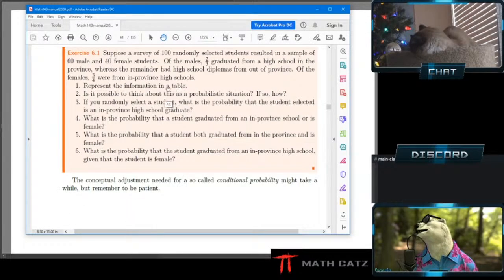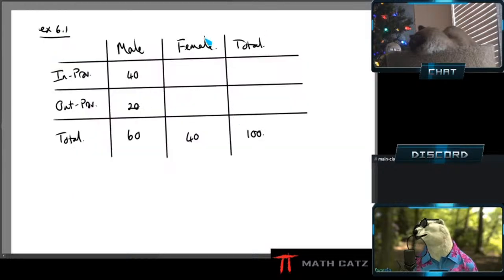I have to fill in all the numbers in this table. The remainder had high school diplomas from out of the province, obviously. Of the females, 3/4 were from in-province high schools. So of the 40 females, 3/4, 30, are in-province, and then the other 10 were out of province.